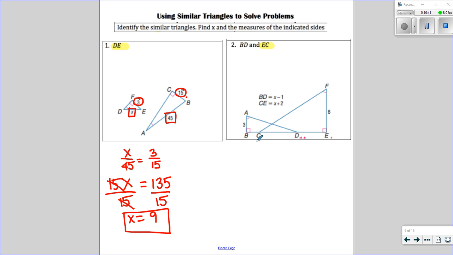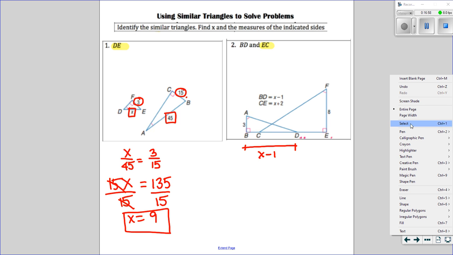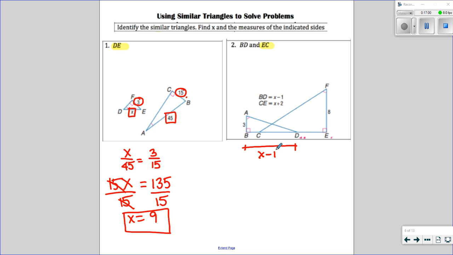Alright, next one. They want you to find BD and EC, or in this case CE. So they said that BD, this whole portion, is x minus 1, and CE, which I'll put in another color so it doesn't get too hairy, is x plus 2. So those two triangles are similar.